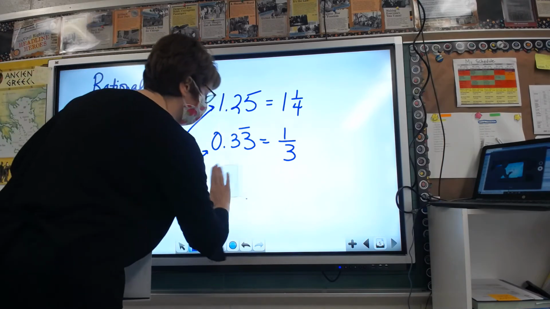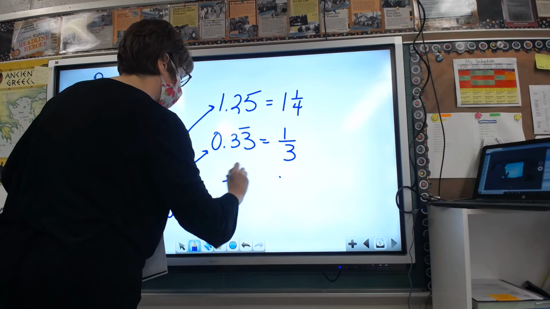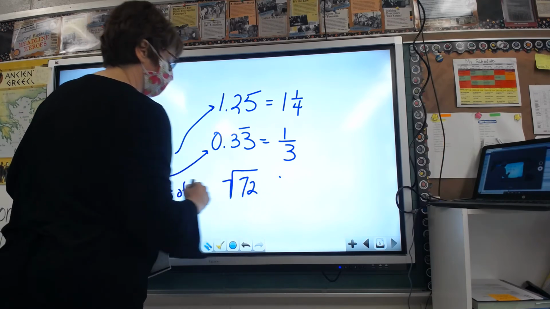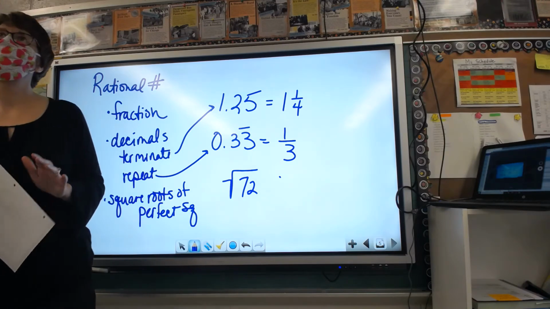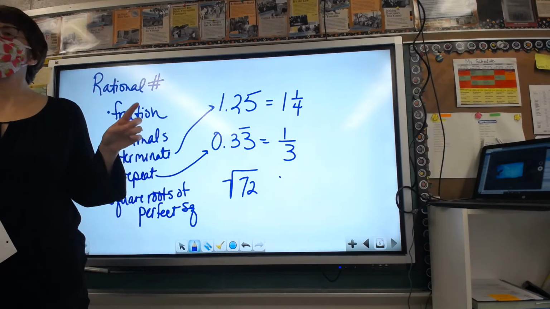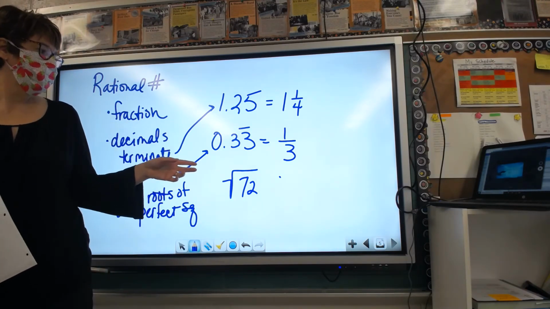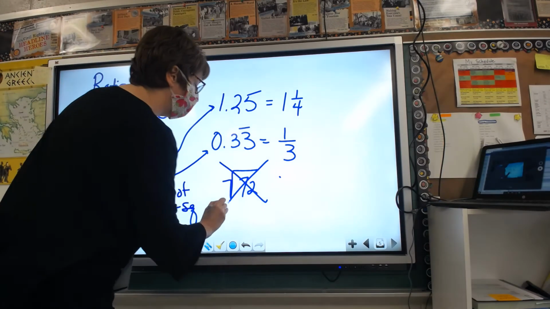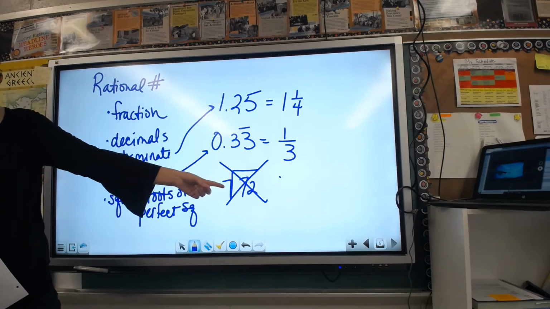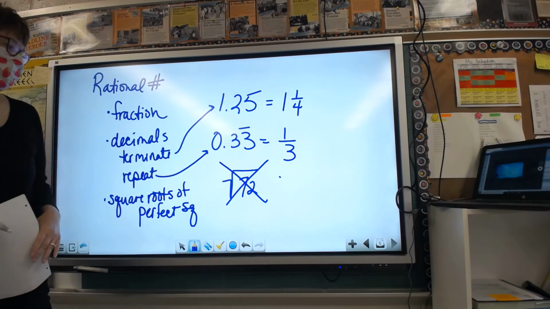What if I put in the square root of 72? 8 times 8 is 64. 7 times 7, 49. That's not big enough. Is that one going to work? No. So this one would not be rational. So where would it go? Irrational. Okay, you guys are so smart.